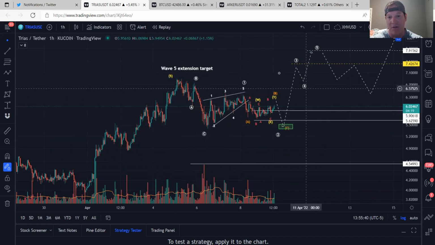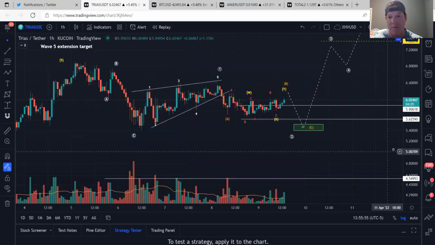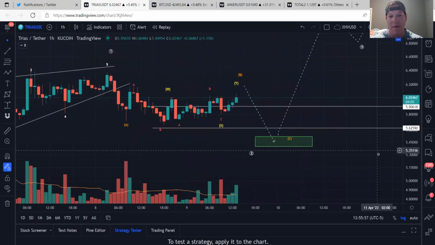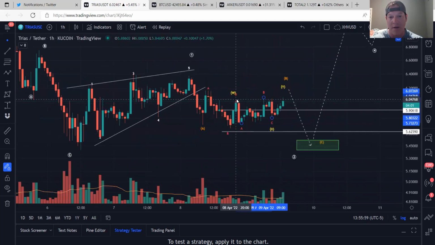So this correction would be that our corrective structure is over with this real small ABC, and this is a leading diagonal with a 1, 2, 3, 4, 5, and we would currently be in a 2 wave, which would break down as such.